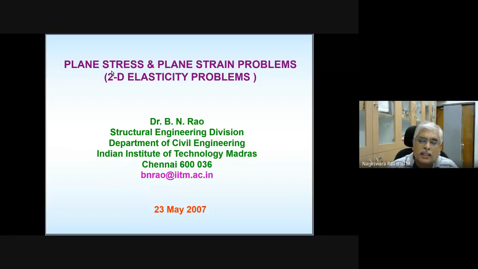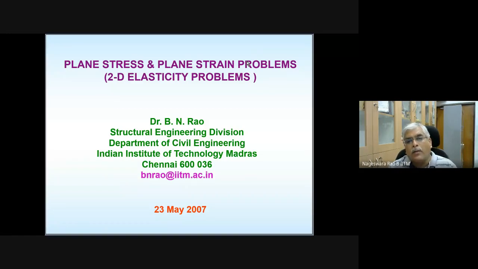In the sense, it's an assumption that the in-plane stress components are dominant over the out-of-plane stress components. Then it's called plane stress, and if the in-plane strain components are dominant over the out-of-plane strain components, then it is plane strain.